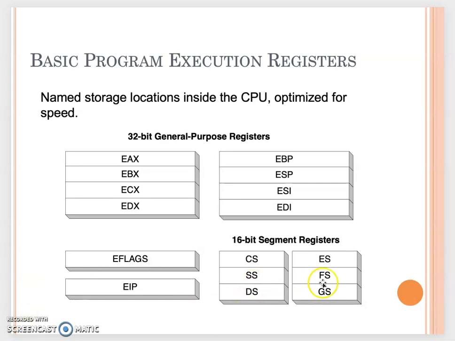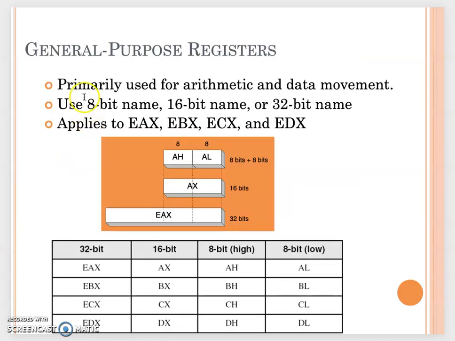The segment registers we don't use for this class. In this class, we will use EAX, EBX, ECX, EDX a lot. So let's go further to talk about that. Each of EAX, EBX, ECX, EDX refers to a 4-byte location. Those general purpose registers are primarily used for arithmetic and data movement.